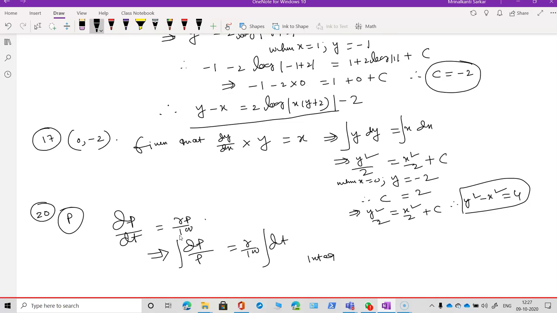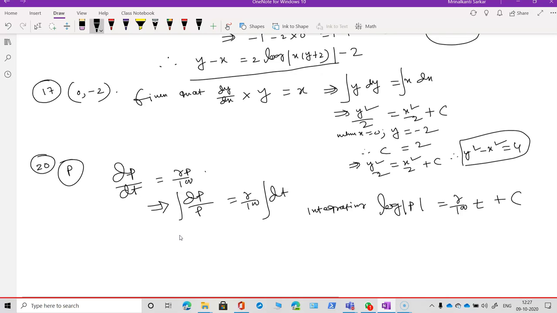So integrating, we get log p equal to R by 100 into t plus c. Okay. It is given that when t equal to 0, p equal to p0, say.